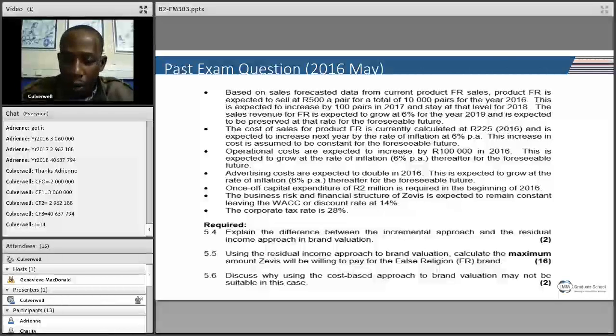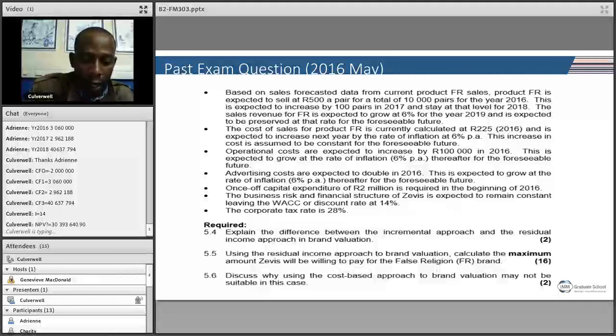40,637,794. That will give you cash flow 3. And then your interest was 14%. So you say 14 I, and we are calculating our NPV, which is the question here.